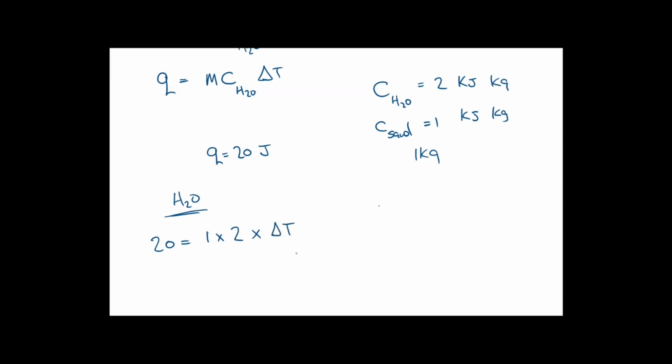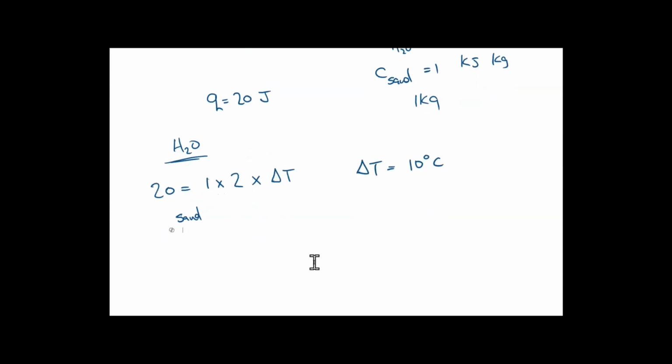What's the change in temperature going to be? Well, it's 20 divided by 2, which is 10 degrees. So the water is going to increase in temperature by 10 degrees. If we look at the sand, however, the same amount of energy goes into it, and there is 1 kilogram, but the specific heat capacity of the sand is 1 times the change in temperature.